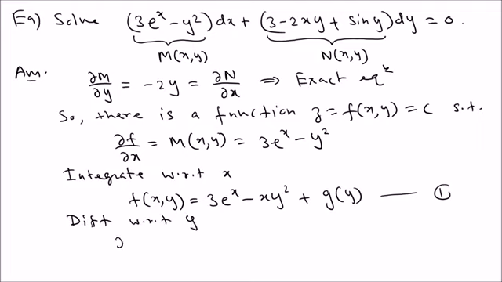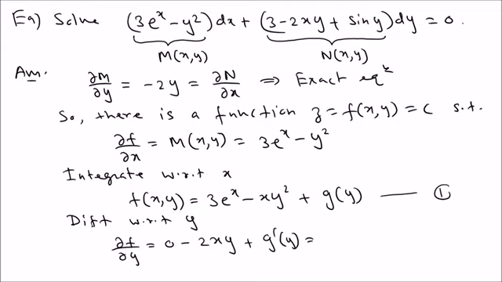So if you do that, you get the partial derivative of f with respect to y. If you differentiate with respect to y, this is 0 minus, because it's y squared, you get 2y. With minus x, you get minus 2xy, and then plus g prime of y, because it's a function of y only, so it's just the regular derivative. Now we're going to set this equal to the N(x,y) function, because we know by the theory that there is an N(x,y) function.